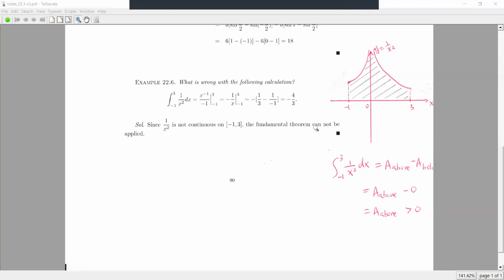So the fundamental theorem cannot be applied to compute this integral. The condition to use the fundamental theorem is that the function should be continuous. Otherwise, don't use the fundamental theorem. The fundamental theorem doesn't hold for a function that is not continuous.